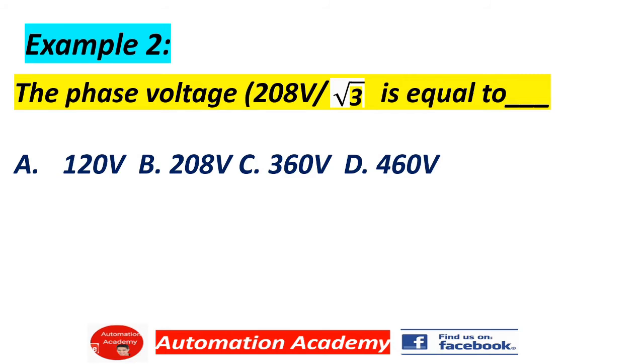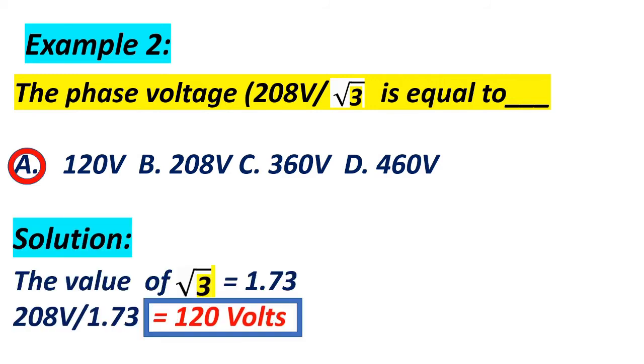B, 208 volts. C, 360 volts. D, 460 volts. Answer A, 120 volts. Solution. The value of square root of 3 is 1.73. 208 volts divided by 1.73 equals 120 volts.